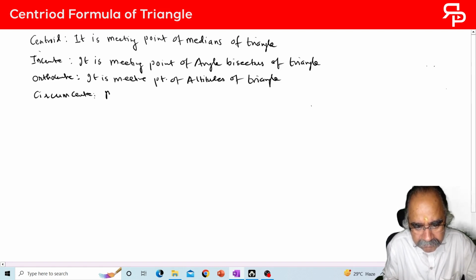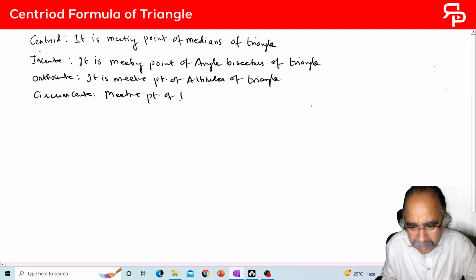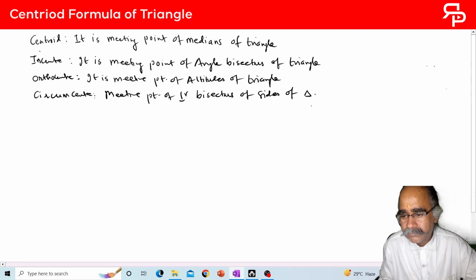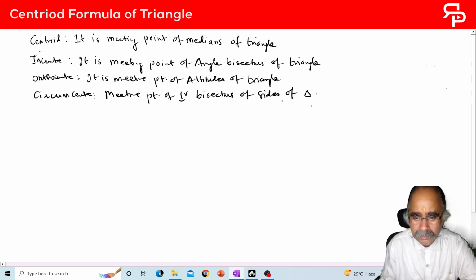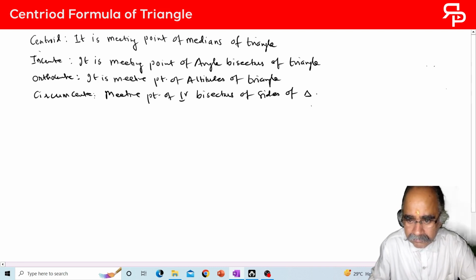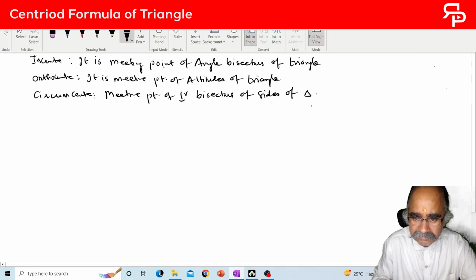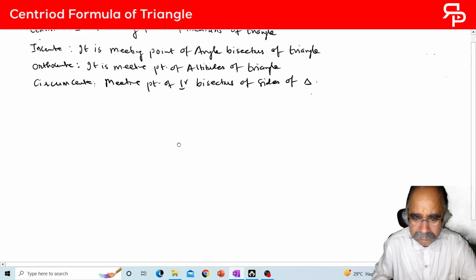Meeting point of perpendicular bisectors of sides of triangle. So we'll start centroid formula.